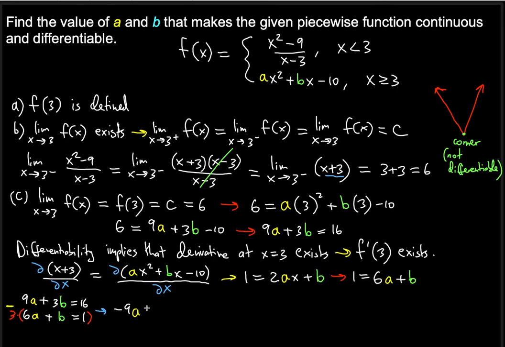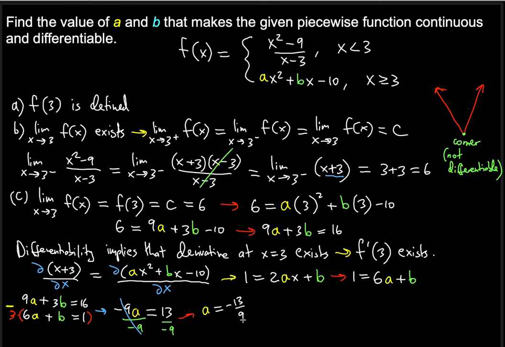That's what we wanted. So negligible equals 16 minus 3 times 1, because remember, the 3 multiplies the right side as well. 16 minus 3 is 13. So you divide both sides by negative 9. The negative 9's cancel out, and as a result you get the a value, which is negative 13 over 9.